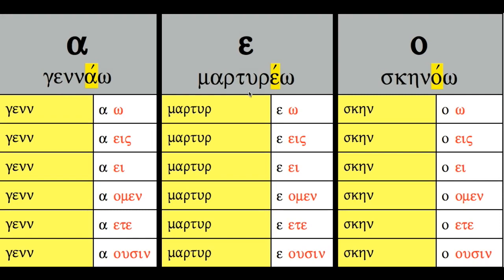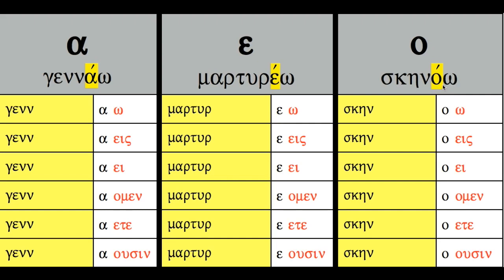We'll change the verbs just to learn a few more here, but ganao means I beget. It's an alpha contract verb. Martyreo means I bear witness. Martyreo, like a martyr, right? It's an epsilon contract verb. And skenao means I dwell. It's like in John where it says that the Lord became flesh and dwelt among us.